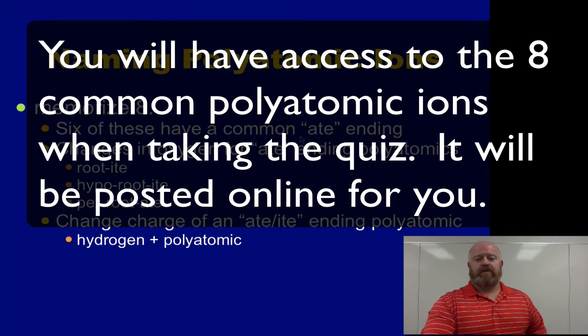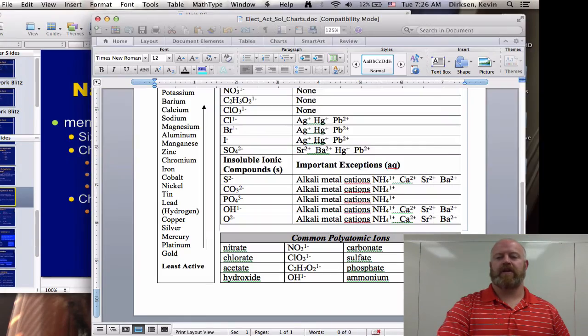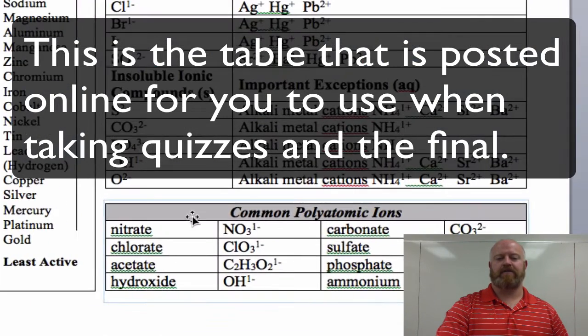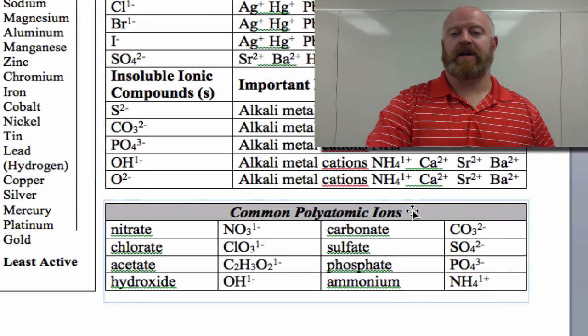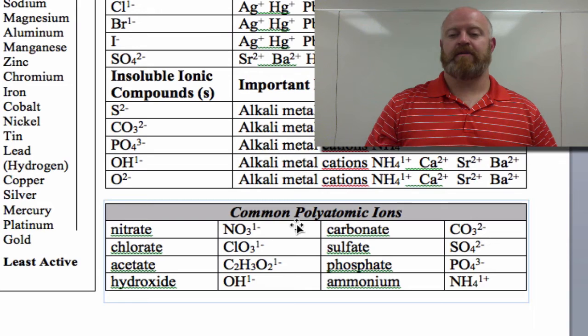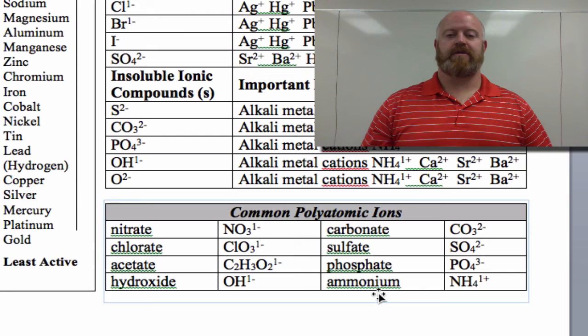So, if we go to your periodic tables, on the back of your periodic tables, on the very bottom, you're going to see a small box that says common polyatomic ions. Okay, and if you look, there are 8 of them there: nitrate, NO3 1 minus, chlorate, ClO3 1 minus, acetate, hydroxide, carbonate, sulfate, phosphate, ammonium. These 8 must be put to memory.